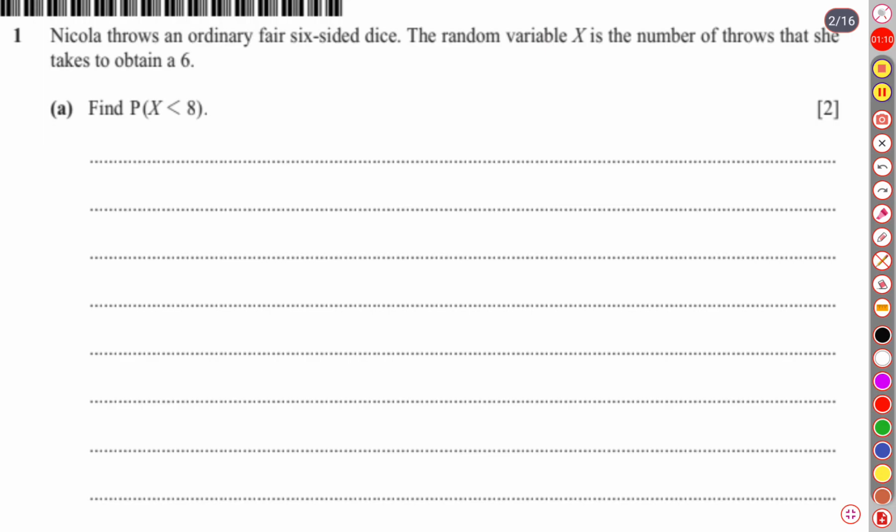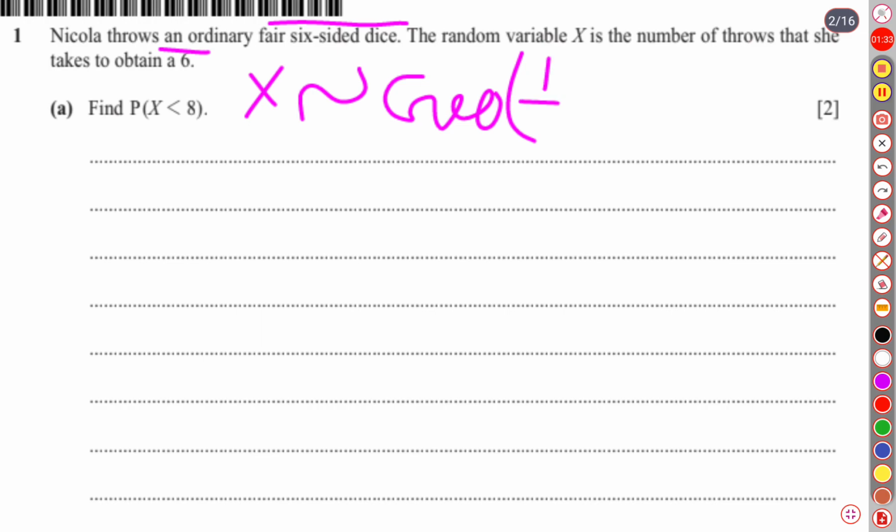geometric distribution. And we know X belongs to a geometric distribution where the only parameter is probability. So the probability of obtaining a 6, as this is a fair six-sided dice, is 1 out of 6.